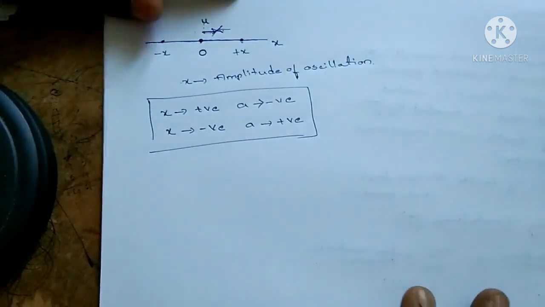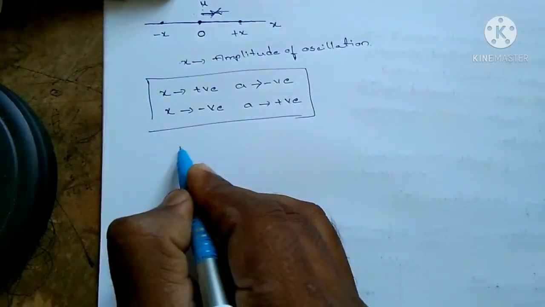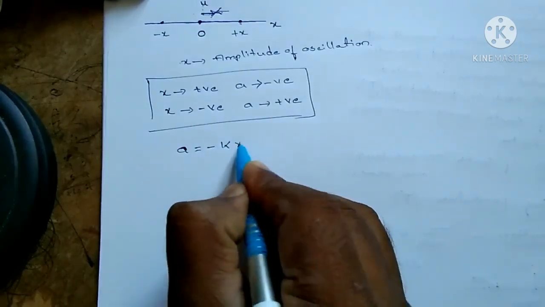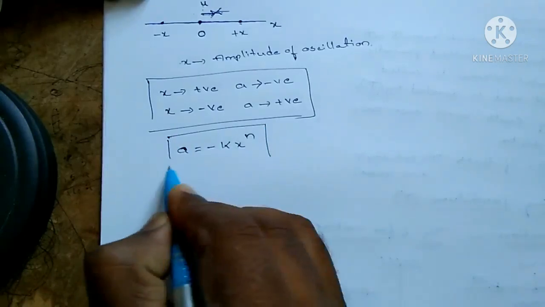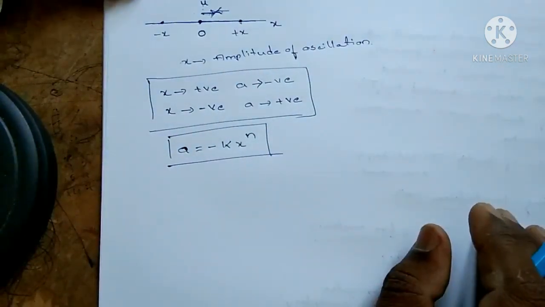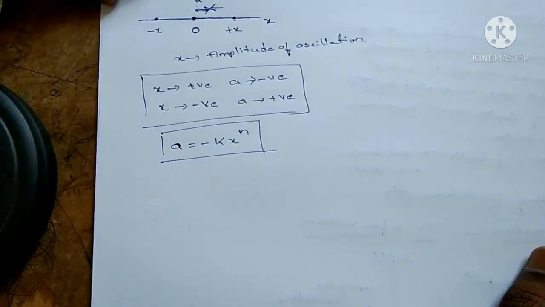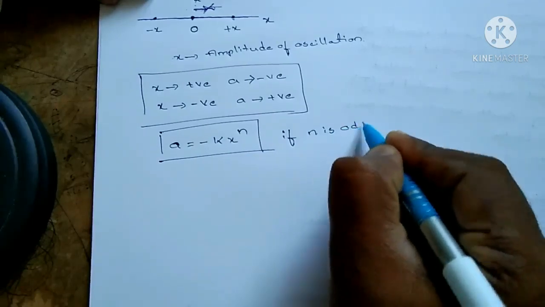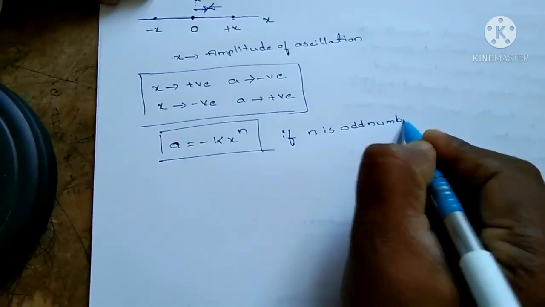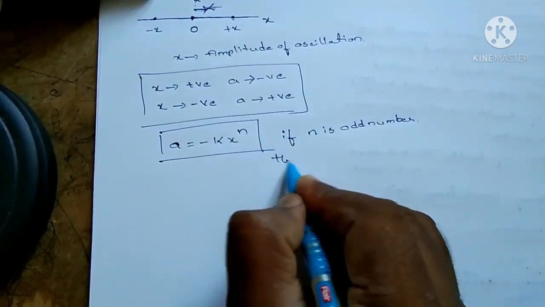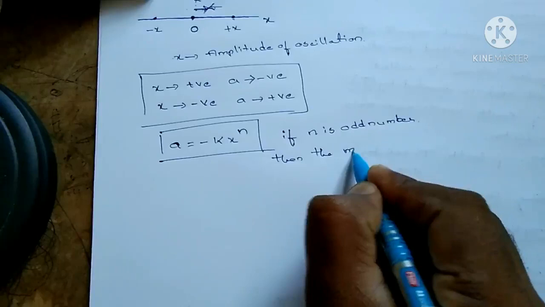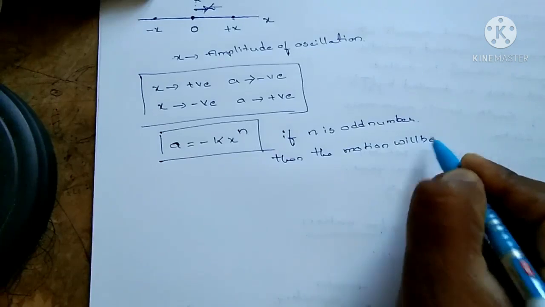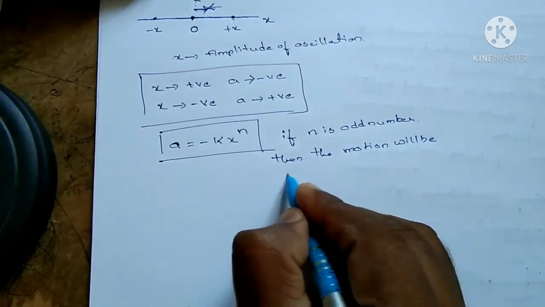So I can give a general equation for this particular oscillating path, that is, if any particle obeys the equation a is equal to minus k x to the power of n, where k is called a proportionality constant, and if n is an odd number, then the motion will be oscillatory.